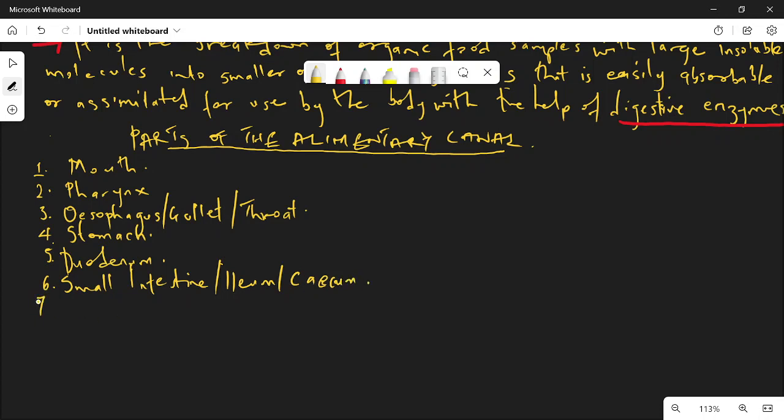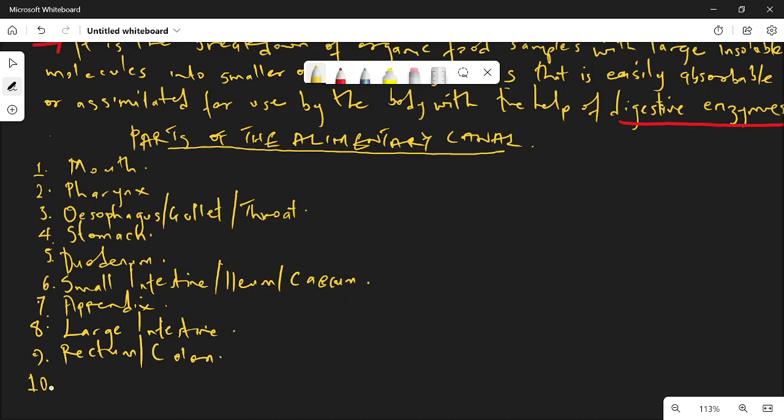And then number seven, we're going to be having the appendix. Number eight, we have the large intestine. Nine, we'll be having the rectum or the colon. And ten, we'll be having the anus.